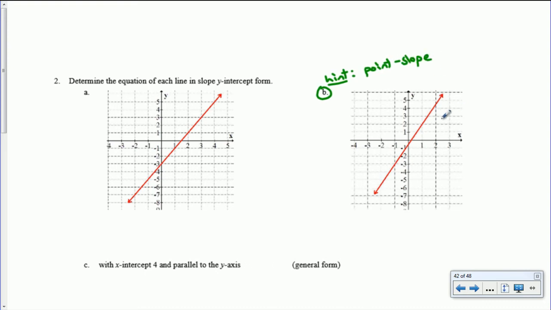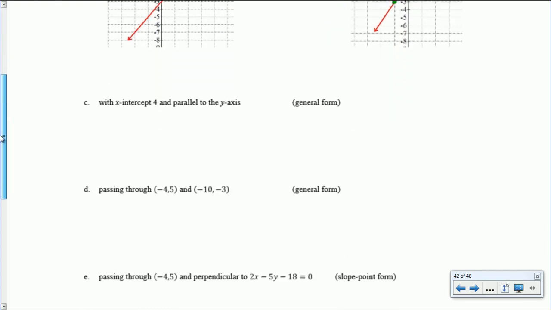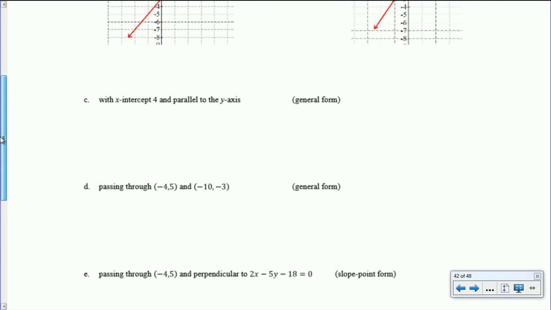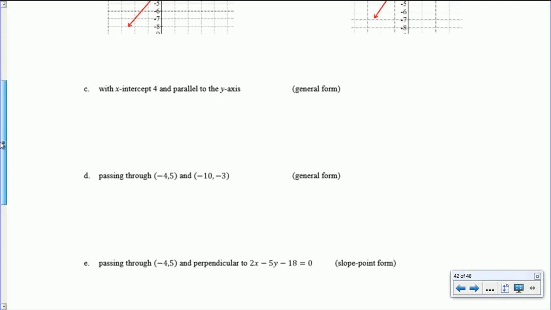Notice there are 2 lines here that go through the crosshairs, so here and here. You can use these 2 points as your starting point and work out from there. C is pretty straightforward, I think. D, pretty much the same.